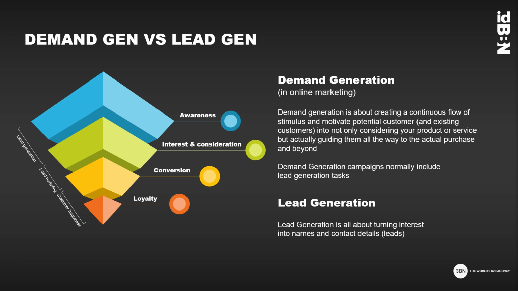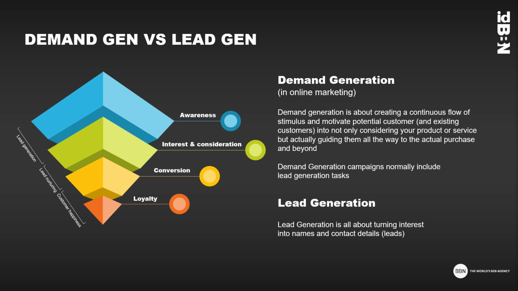So we try to get new customers, but also retain the existing ones. While lead generation focuses solely on generating leads, and it's all about turning interested people into names and contact details. So lead generation is quite self-explanatory. It tries to get leads for marketing or sales. Demand generation is the whole pipeline from attracting new customers to retaining them and increasing their loyalty.